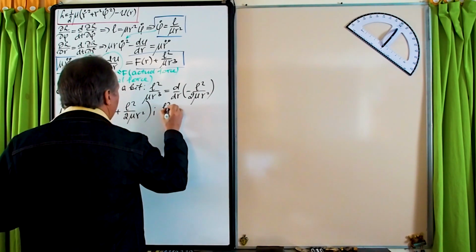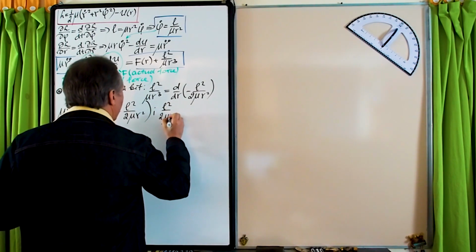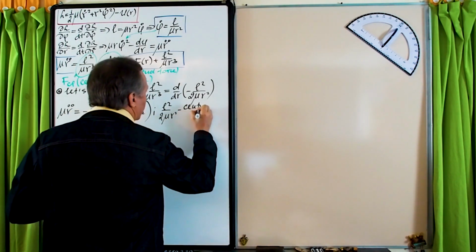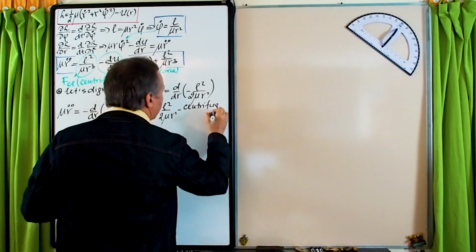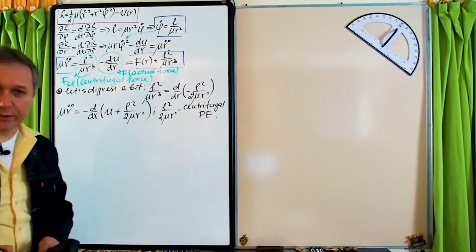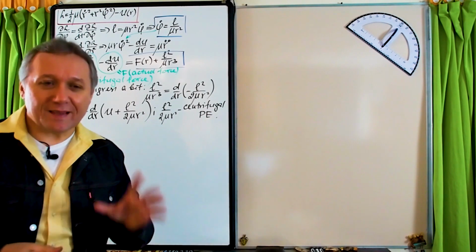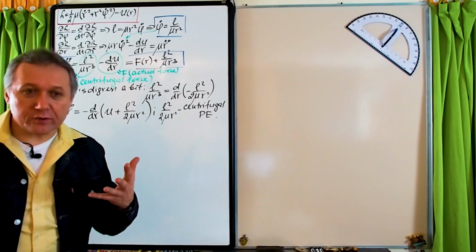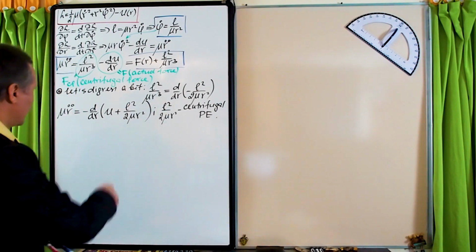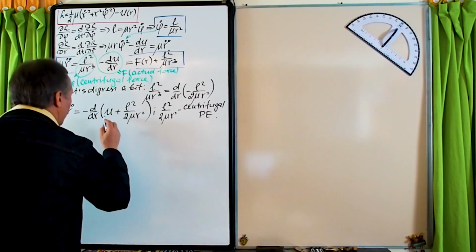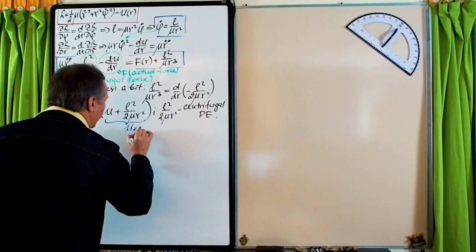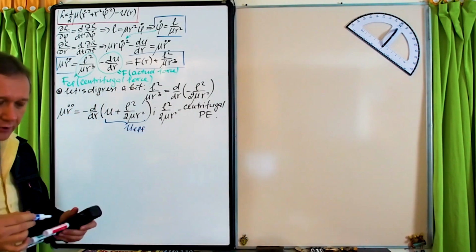So L squared over 2 mu R to the power of 2 is the centrifugal potential energy, PE. Okay, and now we can introduce what is called the effective potential. This whole construction we can call U effective, the effective potential energy.